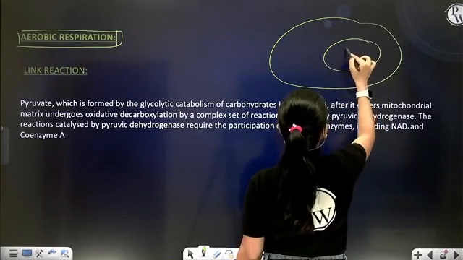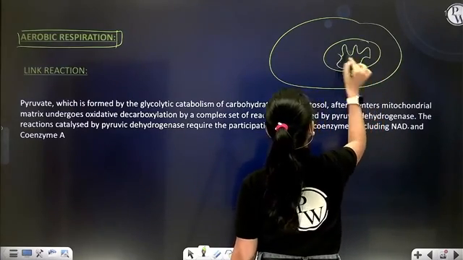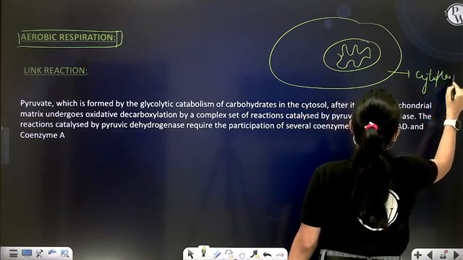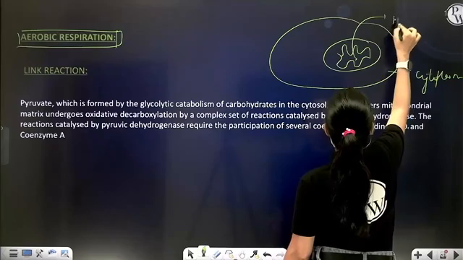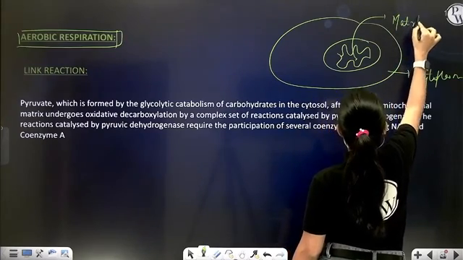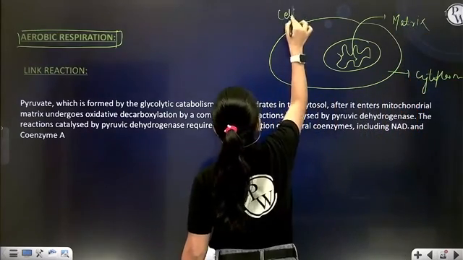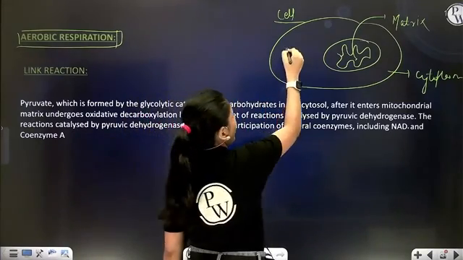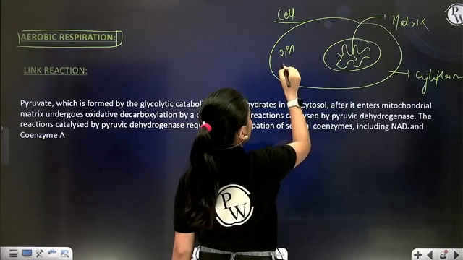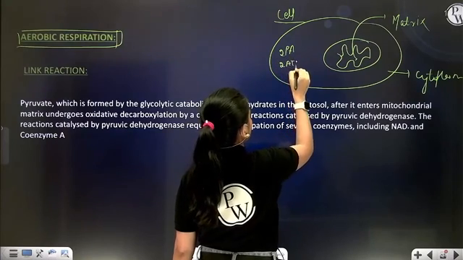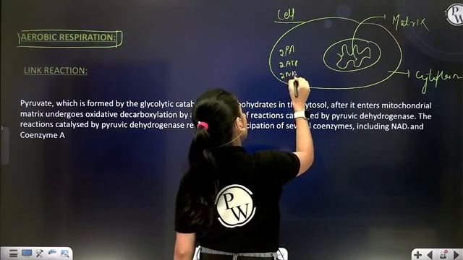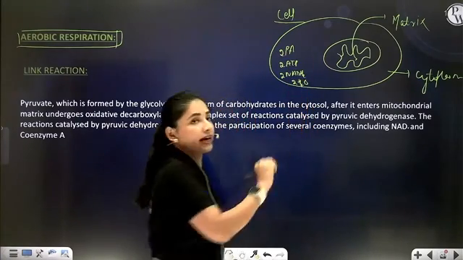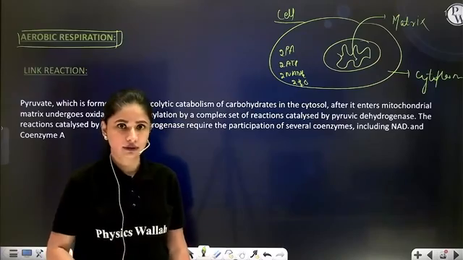This is the mitochondria inside the cell, and this is the cytoplasm. This is the matrix of mitochondria. Now in the cytoplasm, what took place? Glycolysis. So pyruvic acid, 2 molecules, 2 molecules of ATP, 2 molecules of NADH2, and 2 molecules of water are produced as end products of glycolysis, right?